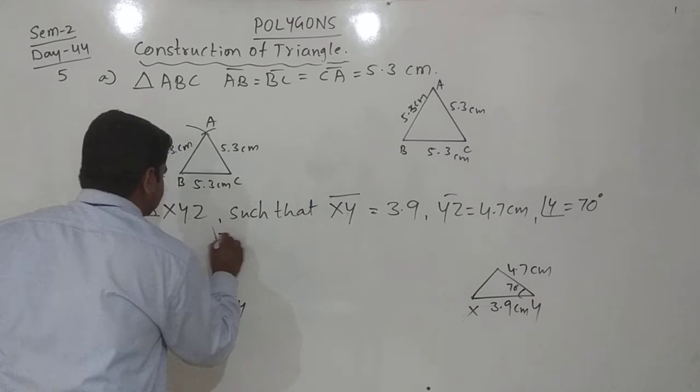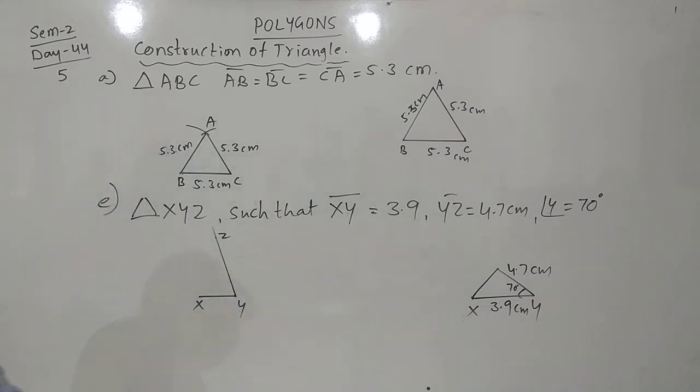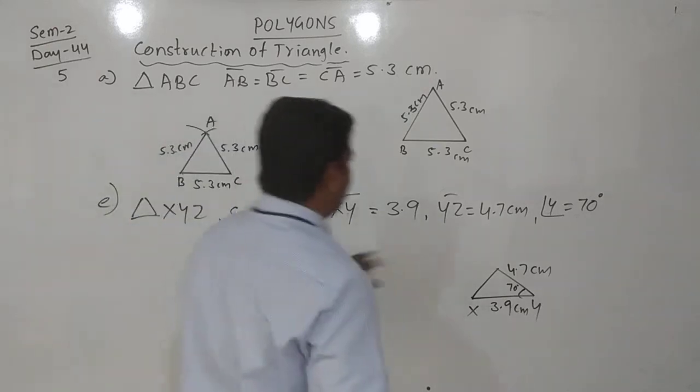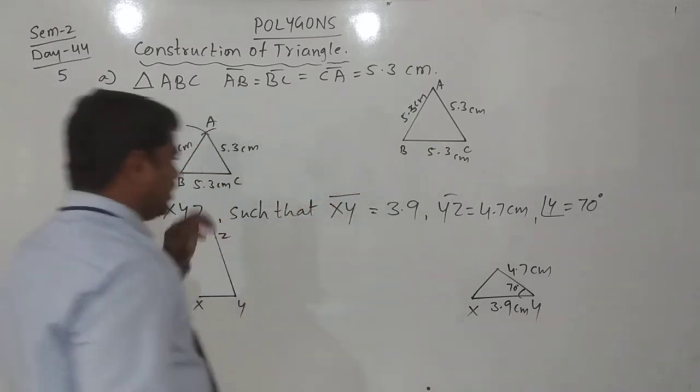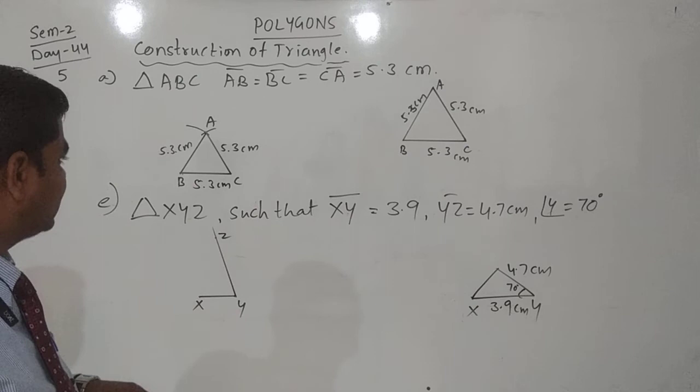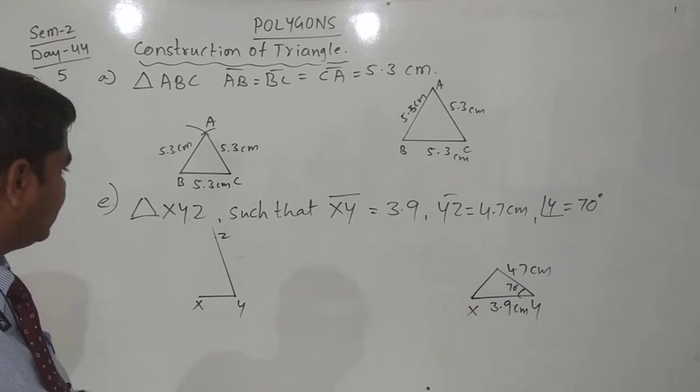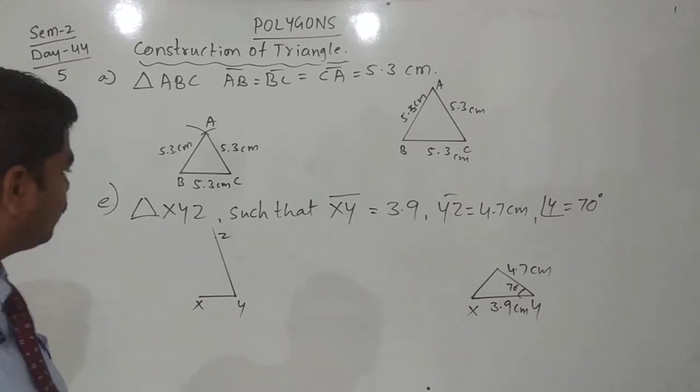This is Z ray. Now the measurement of one more, YZ. YZ is 4.7 only. XY is 3.9, YZ is 4.7.